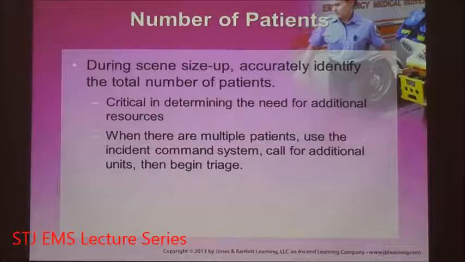If you have multiple patients, a mass casualty incident, you're going to have to initiate triage. So you want to, before treating the patients, advise how many units you need, make a general estimate. If you can say 1 ambulance for every 2 patients, that would be a good start.